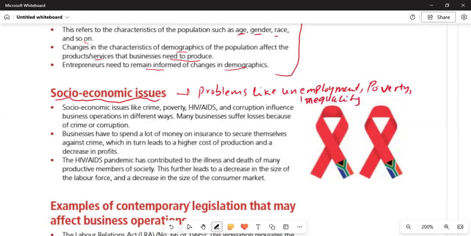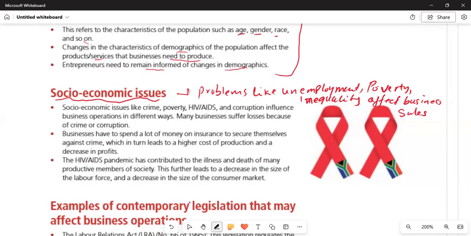Inequality affects business sales. For example, high unemployment means fewer people can afford to buy products.